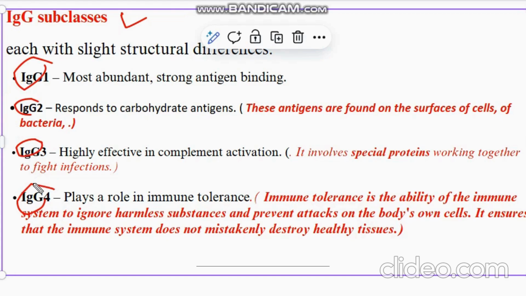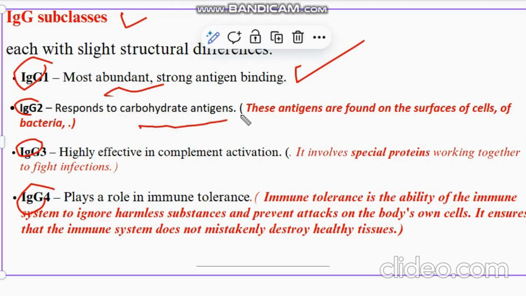IgG1 is available in excessive range, that is the most abundant antibody, and it has a special character, that is it has a strong antigen binding capacity. Then IgG2 mainly responds to the carbohydrate antigens.